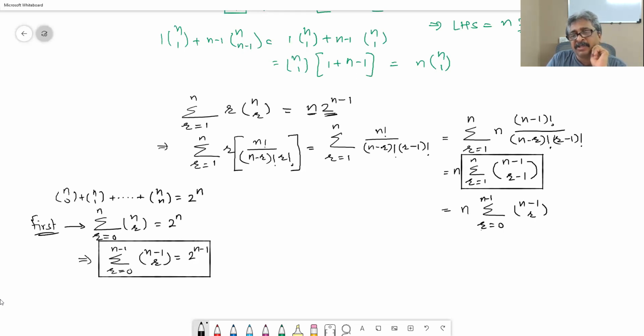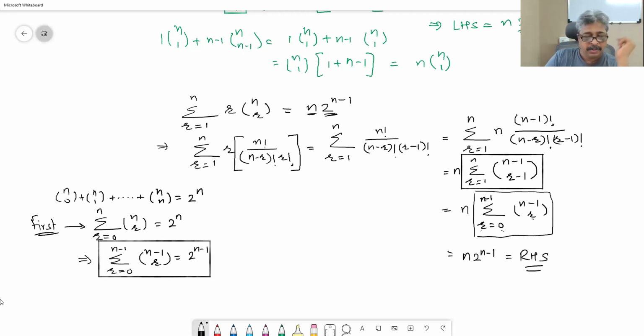So if I start with 0, I should stop at n minus 1. And I can make r minus 1 into r. Here r starts from 1, I will start it from 0. Now this identity is n into 2 raised to n minus 1, equal to the RHS. Spend some time. You will not understand it quickly unless you really work on these numbers.